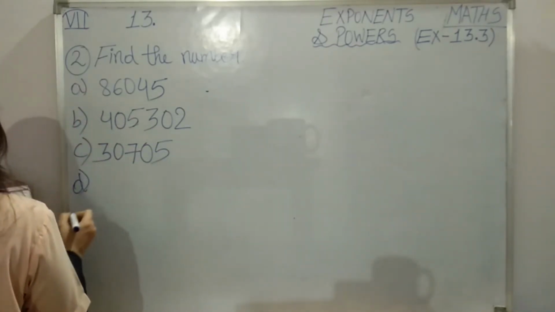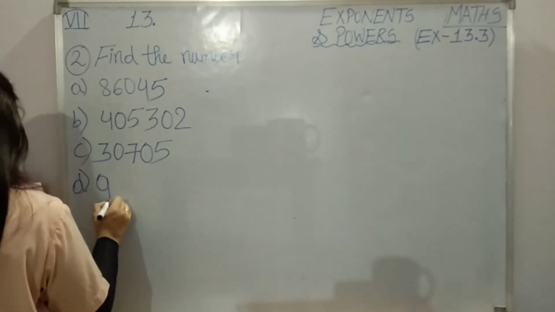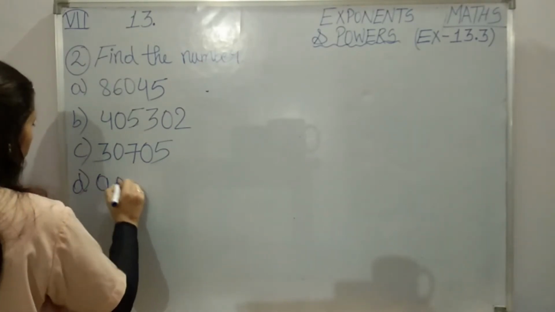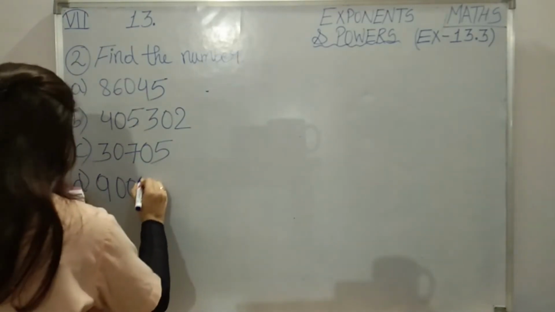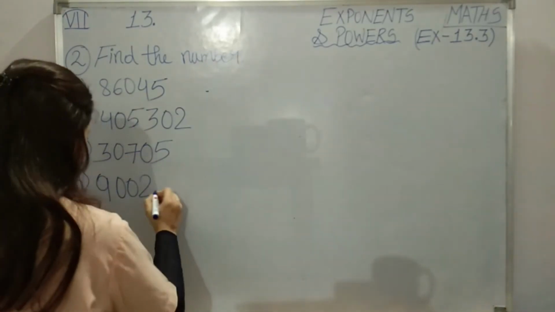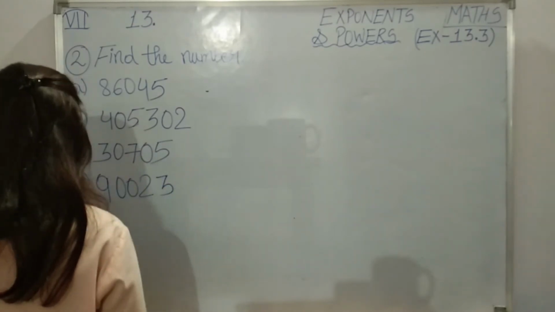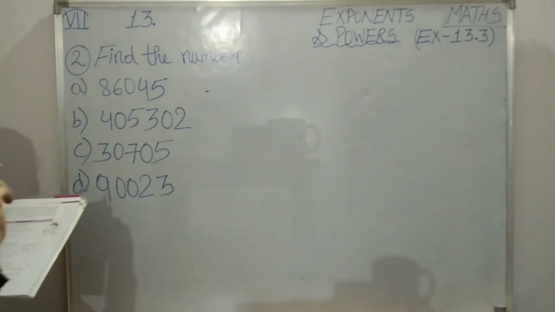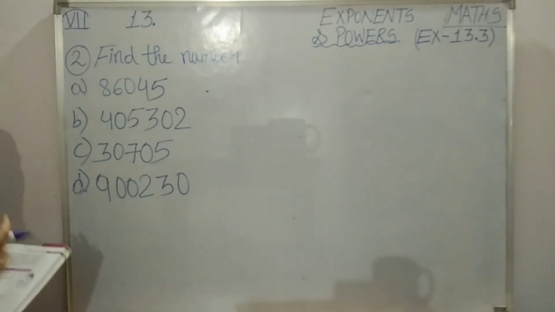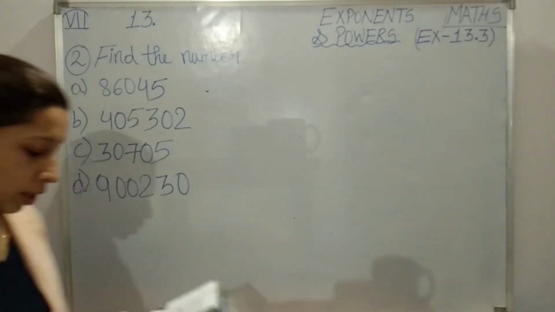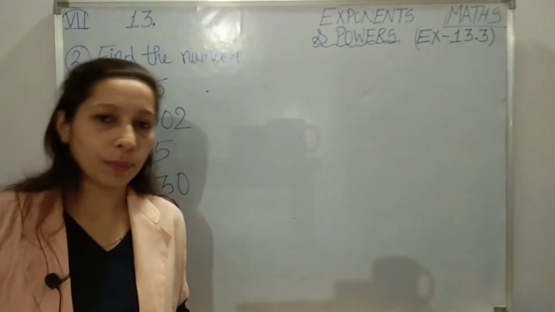Then point D. 9 into 10 raised to the power 5. 4 and 3, both the powers are not given, so I have simply written 0. Then 2. Then 3. Like this we are going to write, students. Again 10 raised to the power 0 is not given, so we are going to place 0 for this. With this we have completed our second question also, students. Note it down. Then we are going to see question number 3.